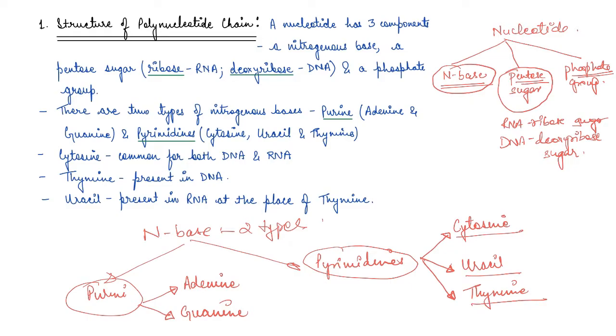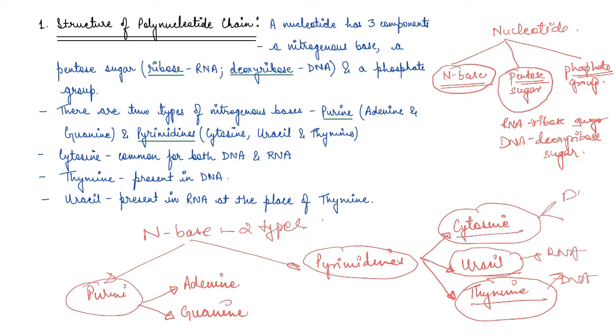So now basically what happens is cytosine here is common in both DNA and RNA, right? Thymine is present in DNA and uracil is basically a replacement of thymine in case of RNA, right? This is present in DNA, this is basically RNA, and this is both DNA as well as RNA.